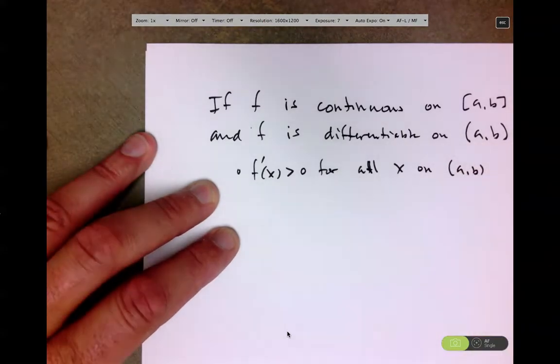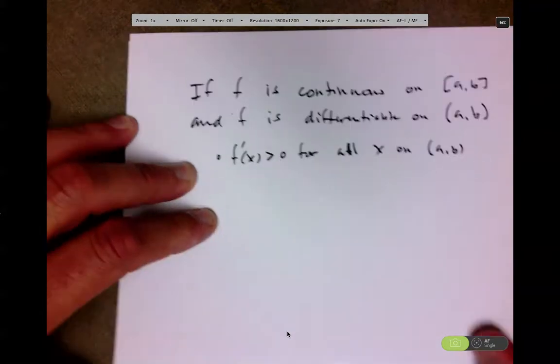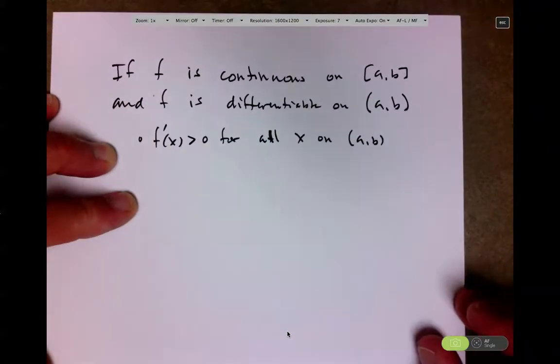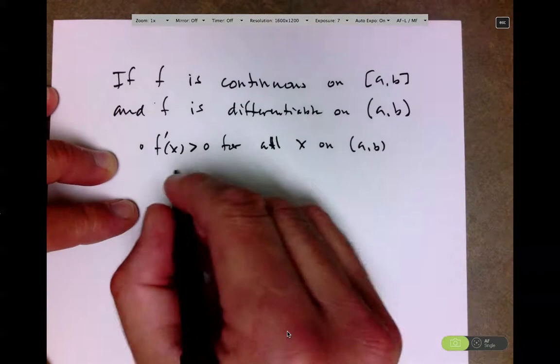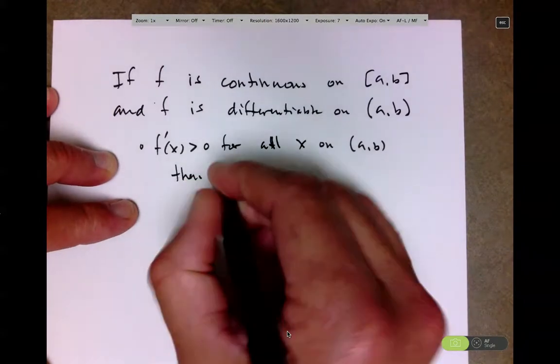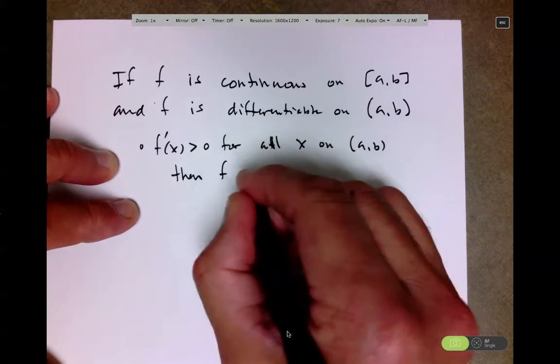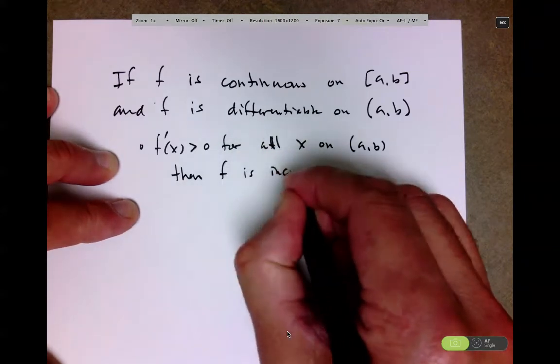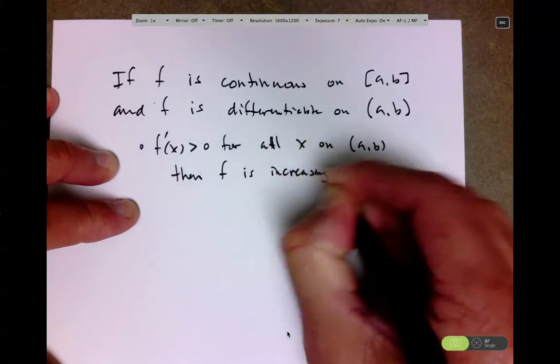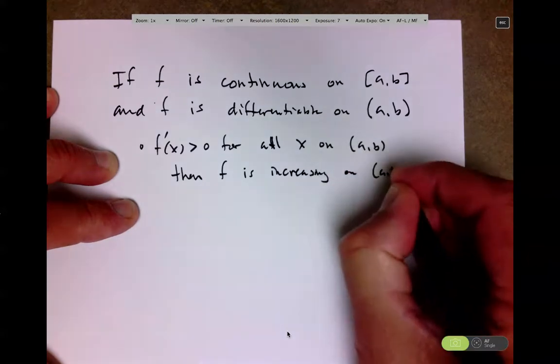So the function is continuous and differentiable. What conclusion can we make from there? This is one that we talked about before. We're going to say then the function f is increasing on the interval from a to b.